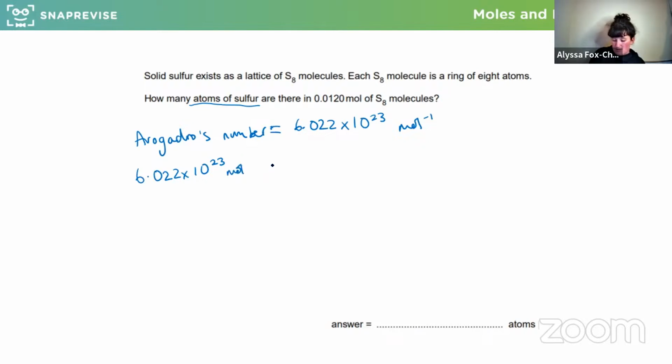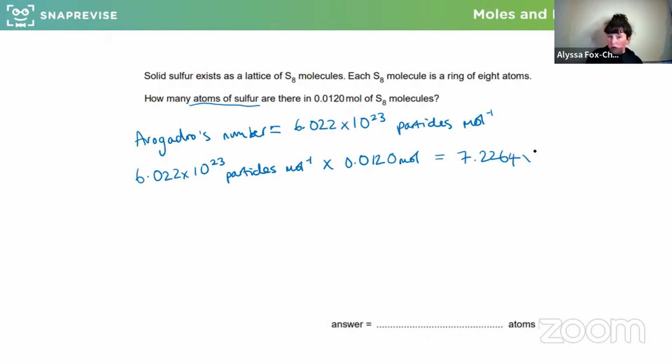Avogadro's number is per mole, so you can see the units are particles per mole. So if I'm doing the particles, then the per mole and the mole will cancel, and I'll end up with just a number of particles. So what would that be? 7.2264 times 10 to the 21.